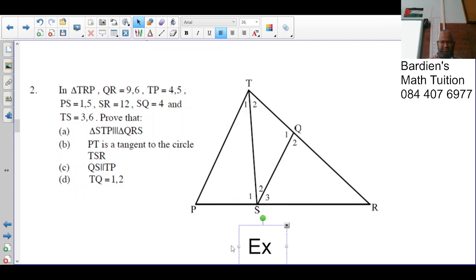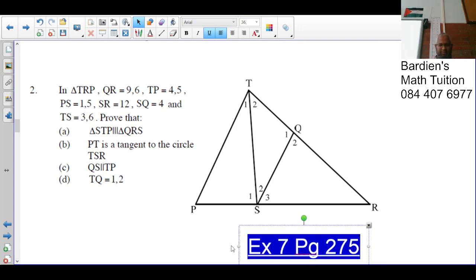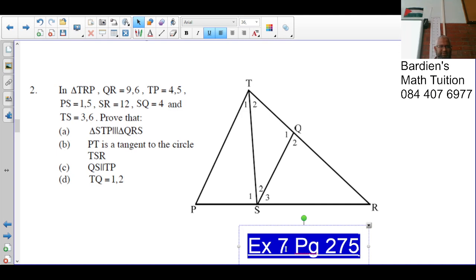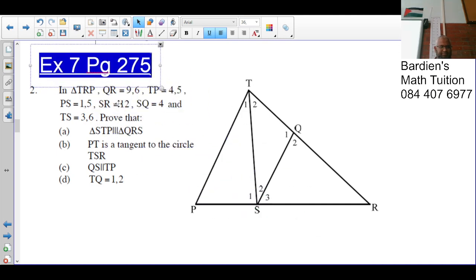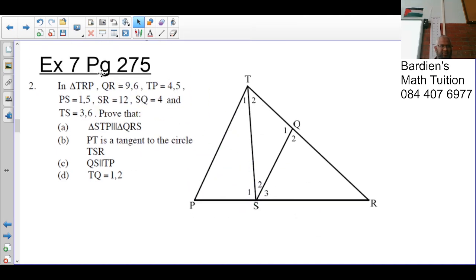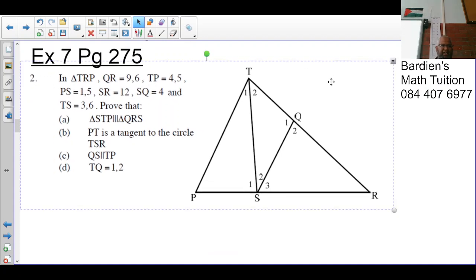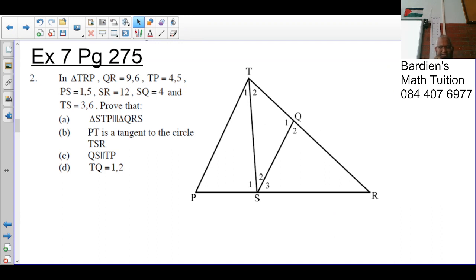Exercise 7. Okay, so we are told that in the triangle TRP, the big triangle, QR is 9.6.